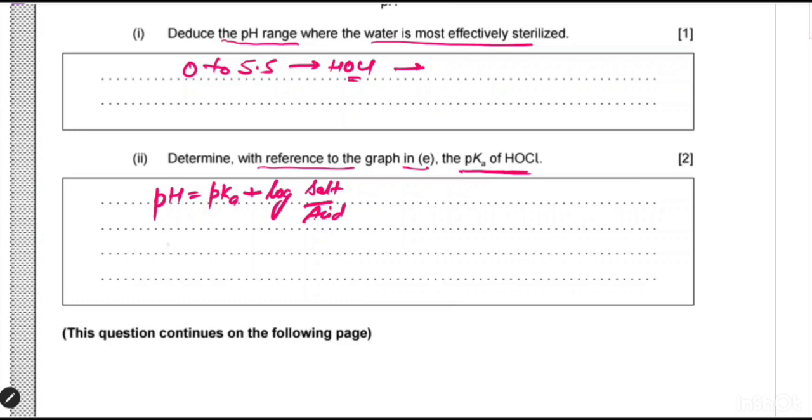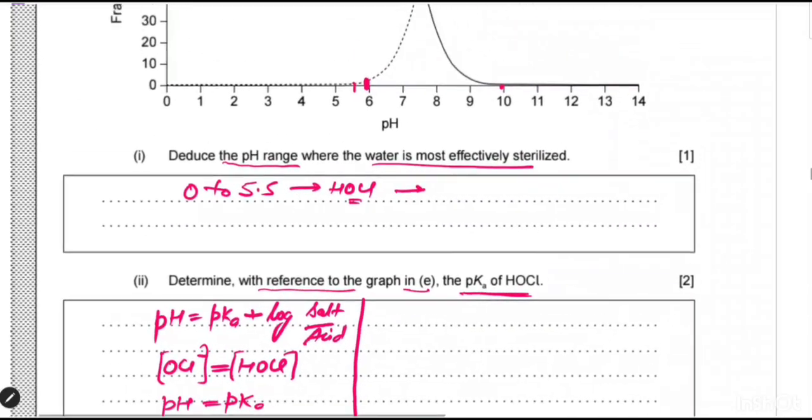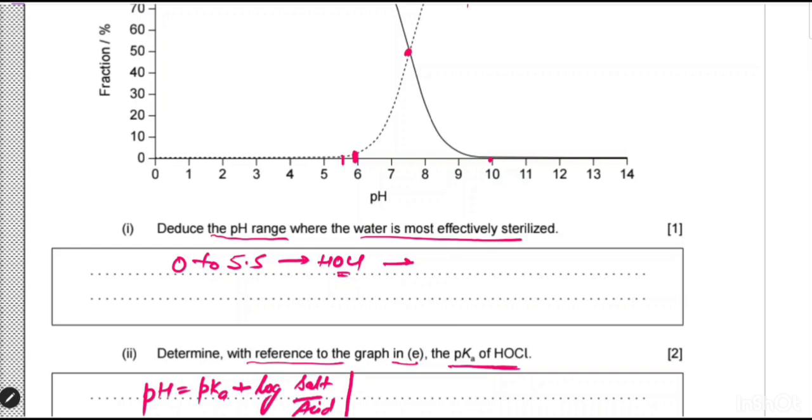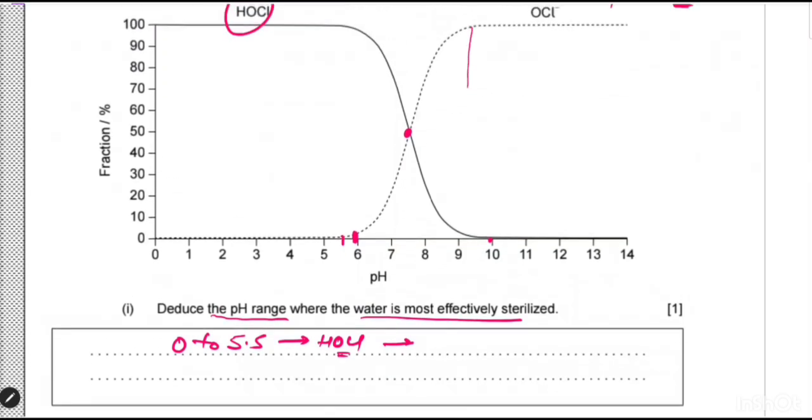And when the concentration of the salt, OCl minus, which is the conjugate base, and the acid, HOCl, are equal, the pH becomes equal to pKa. Now from the graph I have to find out the point where the concentration of HOCl is equal to OCl minus, and at this point the concentrations are equal, and the corresponding pH of this line is around 7.5.